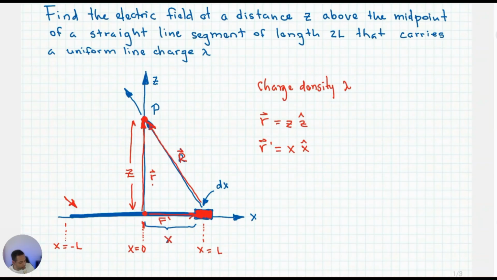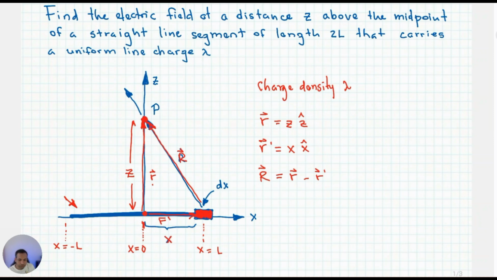According to the geometry of the problem, we can write r minus r prime.